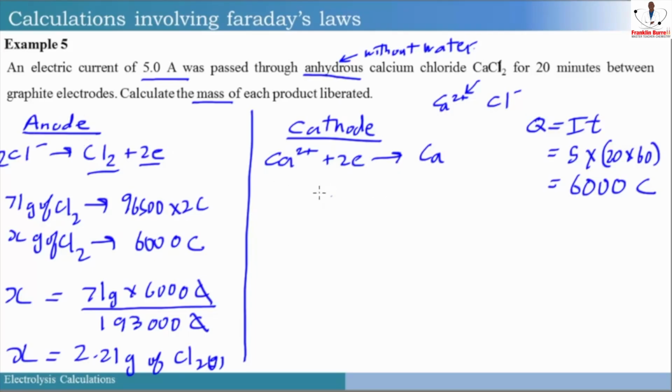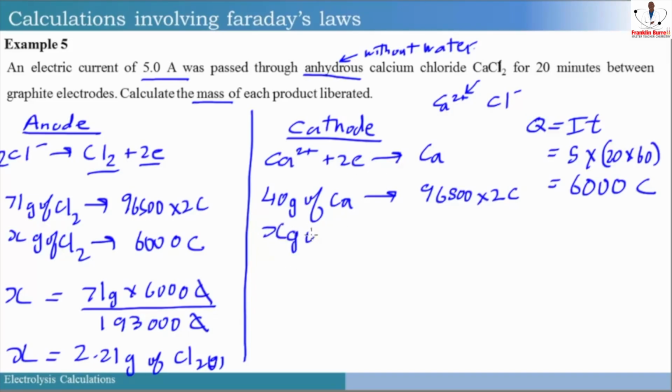Let's check to see what mass of calcium would be liberated or deposited at the cathode. Same principle. The molar mass of calcium is 40 grams per mole. So 40 grams of calcium would be produced from 96,500 times 2 coulombs, since 2 moles of electrons were liberated.